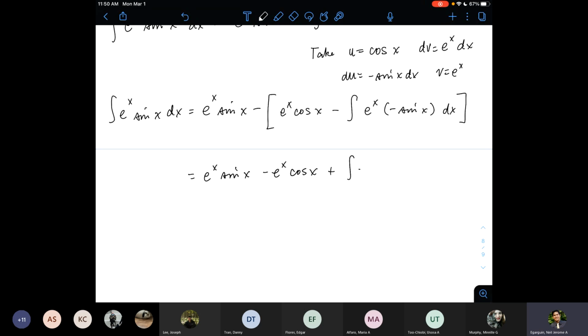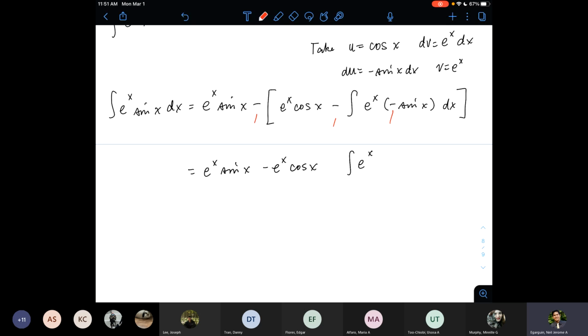Then I'll have a plus e to the x. Okay, hold on. I have a negative here, I have a negative there, so that becomes positive, but there's a negative right outside. So it's still a negative here: e to the x sine x dx.